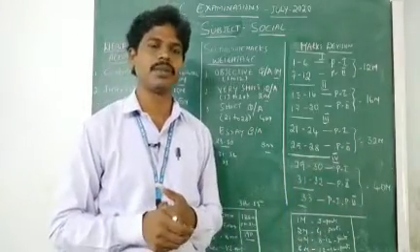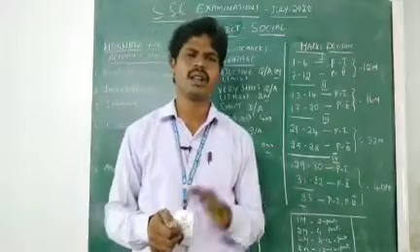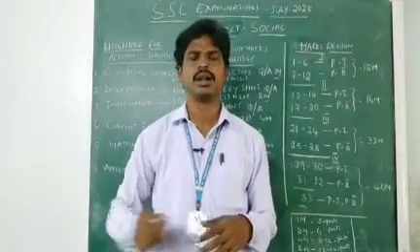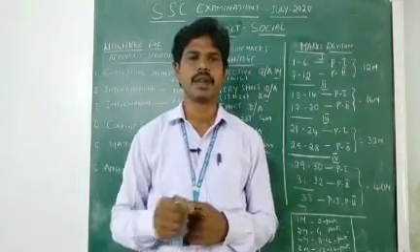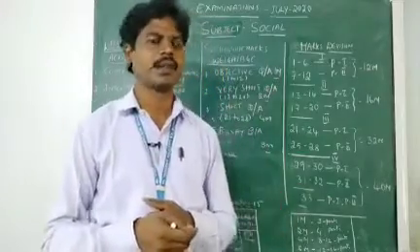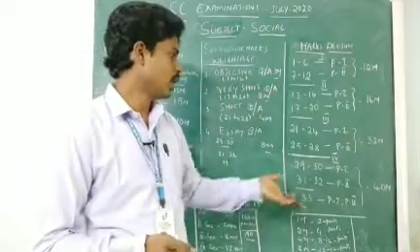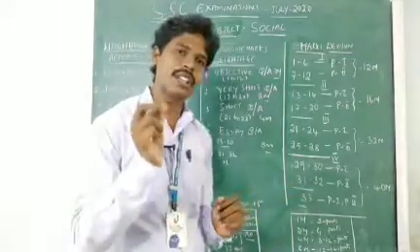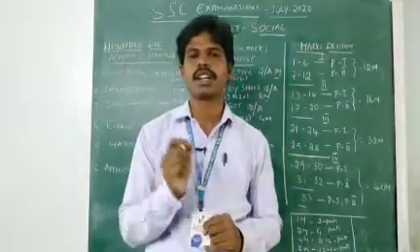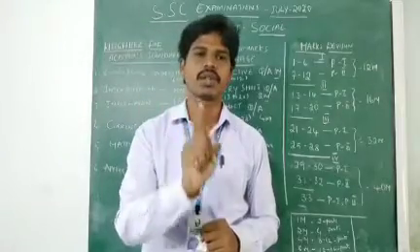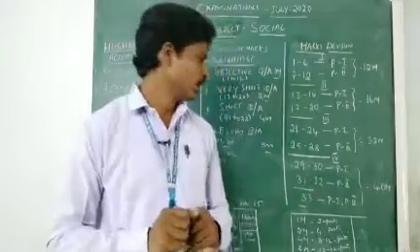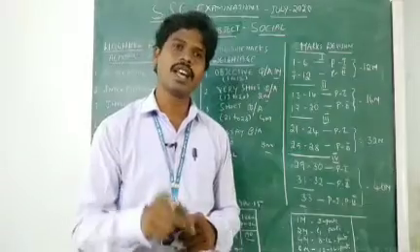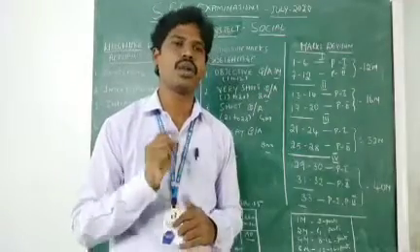Any one of the chapters will be covered and a question will be given for you to write in the examination. Here also, with the internal choice, we are supposed to attempt only one question. 31 A or B will be given, and 32 A or B will be given.